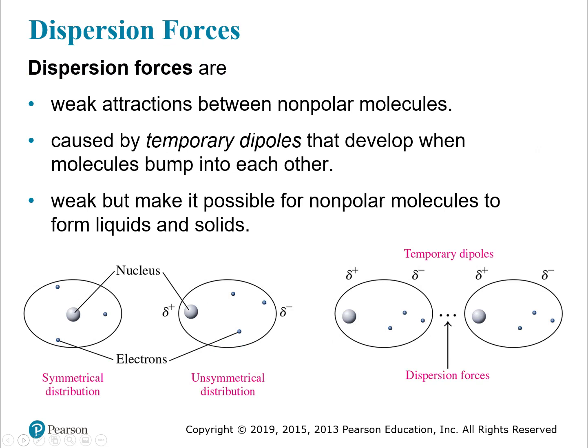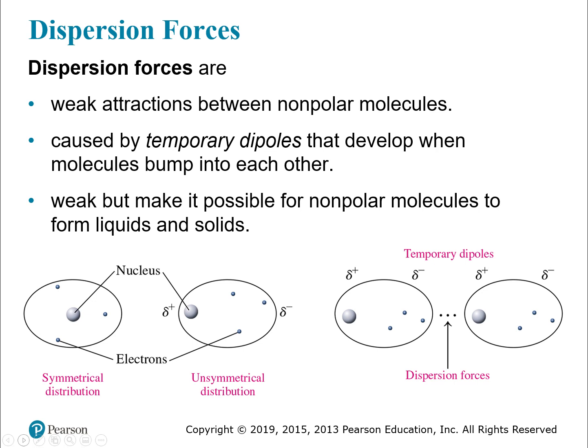We can also talk about dispersion forces, and that's the attractions between nonpolar molecules. Remember that these molecules are not just sitting in space, they're moving around. Even in a solid, there's some vibration. So it's not a whole lot of motion, but there's still some motion. In liquids and gases, you have more and more motion.